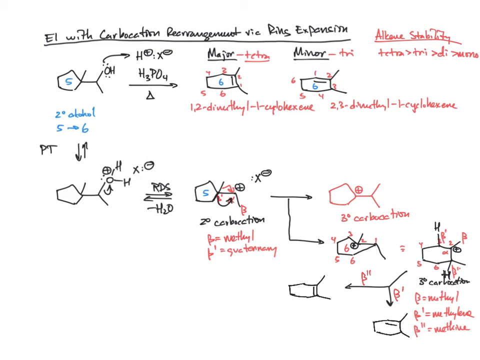And if we were to eliminate from beta, that would be one of these methyl hydrogens.